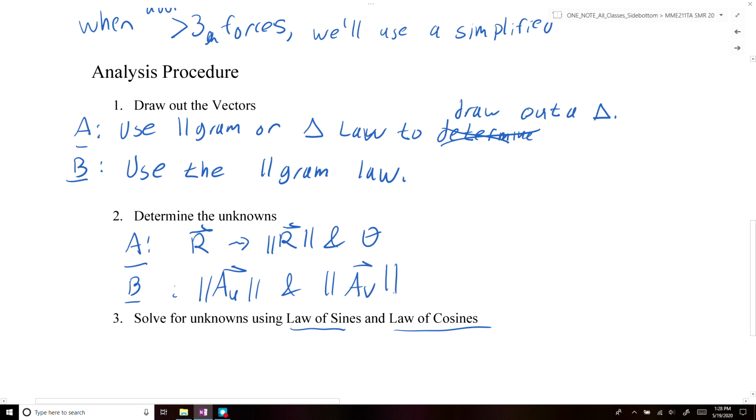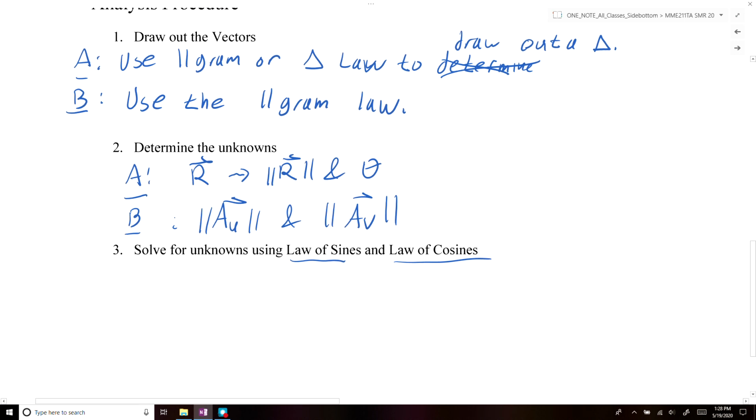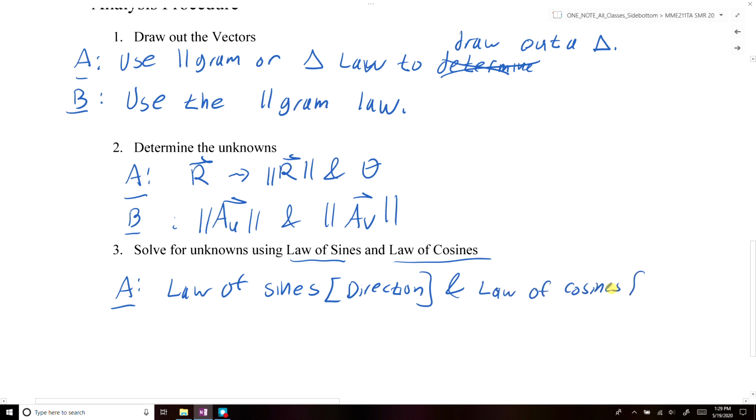Once we determine what the unknowns are, we can solve for them using the law of sines and the law of cosines. For the resultant force, typically we will use the law of sines to find the direction of our vector, and the law of cosines to find the magnitude of our resultant force.